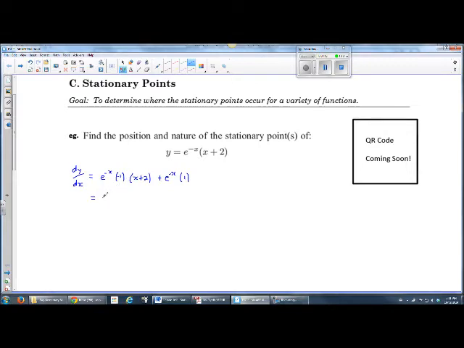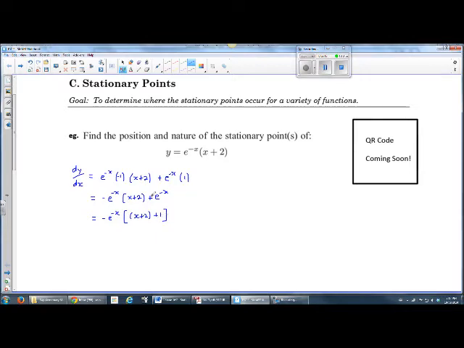So we've got negative e to the negative x multiplied by x plus 2, plus e to the negative x. To make things easier, we'll factor out a negative e to the negative x. That leaves us with x plus 2, minus 1.